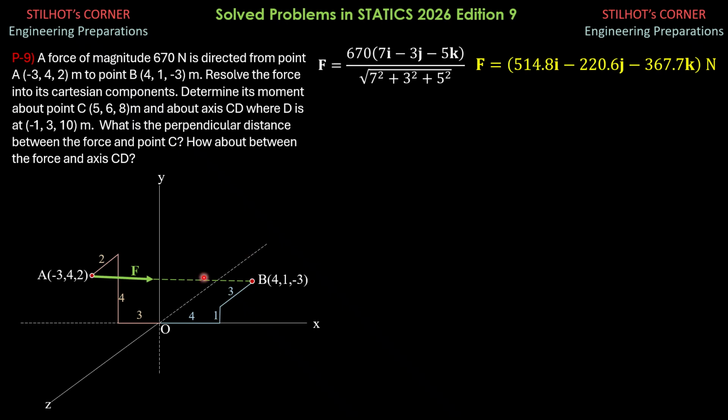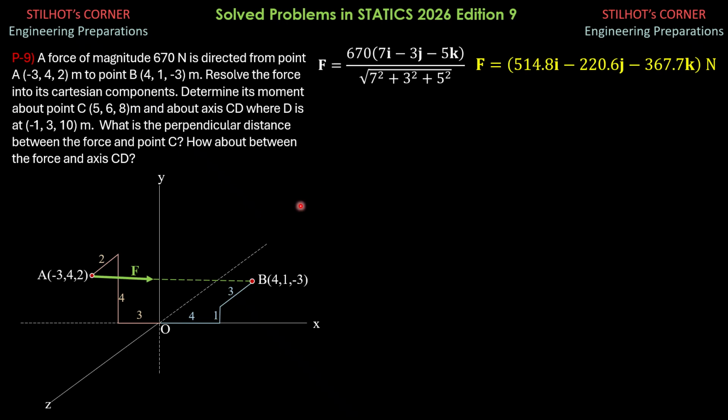So I need you to master the scalar approach because it has sense and you can really appreciate the meaning of moment. Whereas if you just apply cross product, although I'll just use that for checking purposes, you cannot imagine that situation. It is simply a mathematical expression for moment about a point.